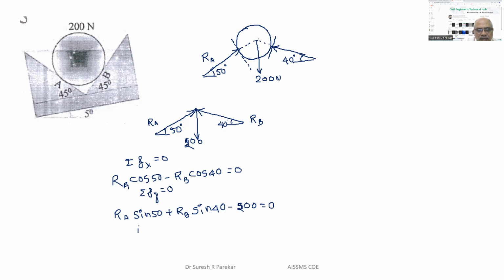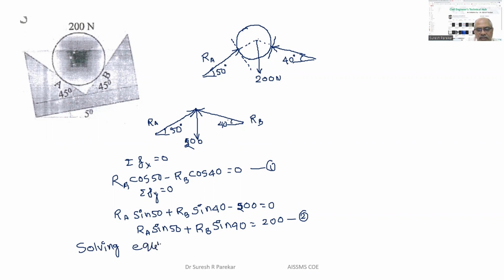And then we get RA sin 50 plus RB sin 40 equal to 200. So this is equation 1 and this is equation 2.